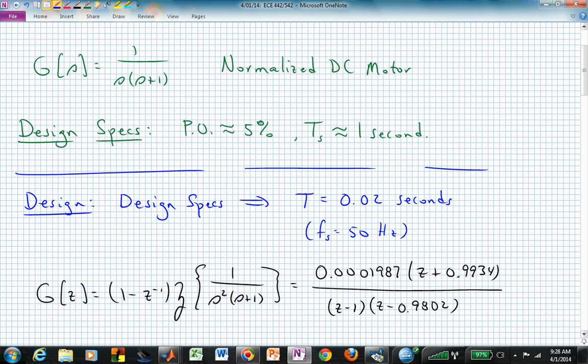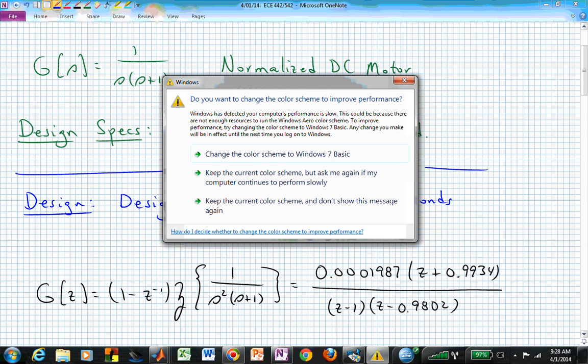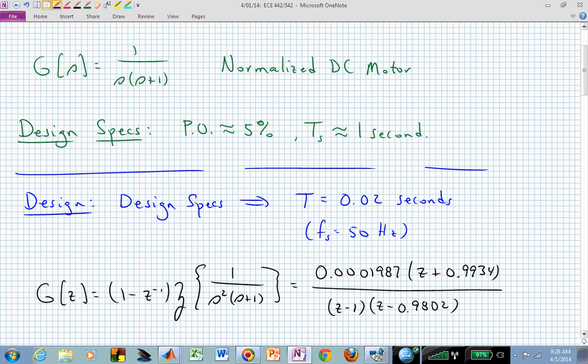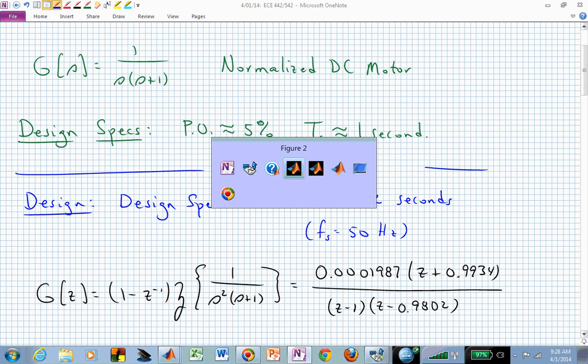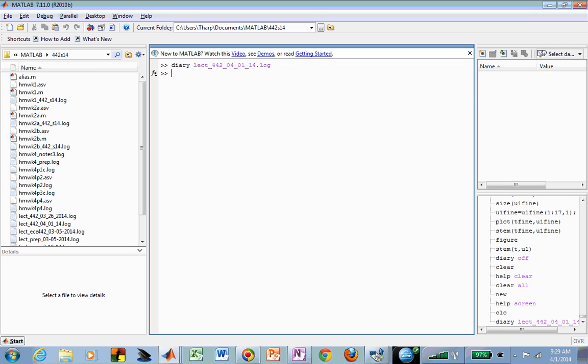We then found a zero order hold equivalent from that normalized DC motor using that particular sample period. And we can actually do that also within MATLAB. We could say that we now have our continuous time plant as a transfer function.